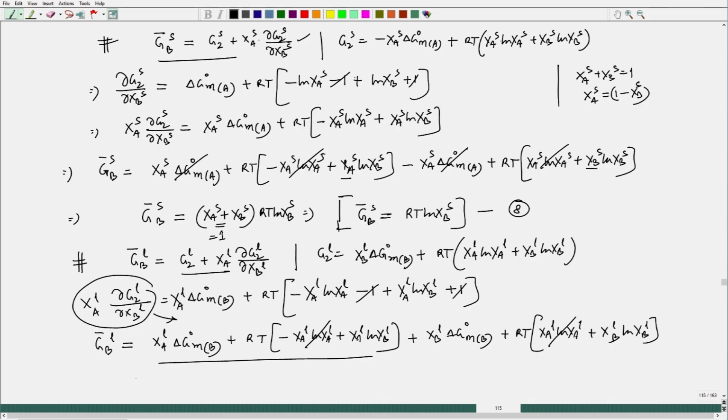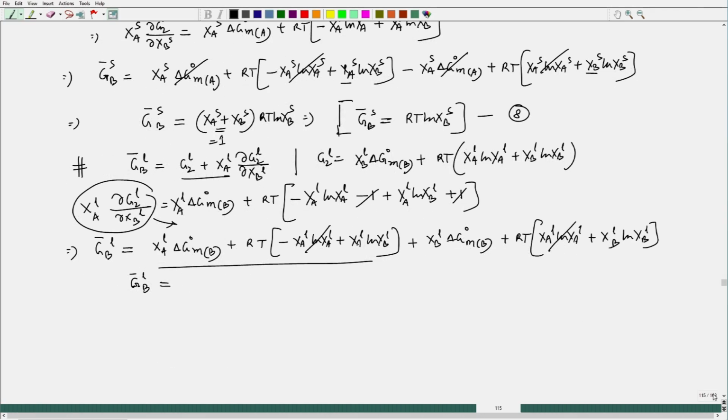So now we'll be left with G B L bar equal to XAL plus XBL times delta G naught M B plus RT times, this quantity is basically for G2, so here it should be B, XBL ln XBL.